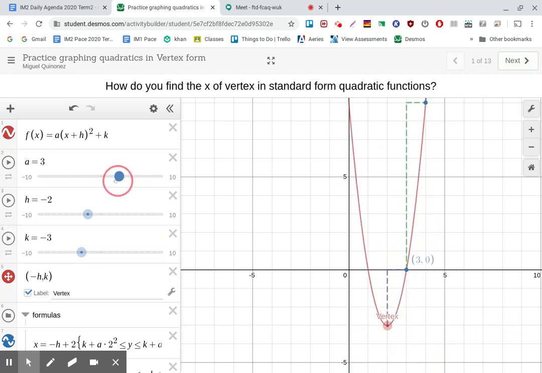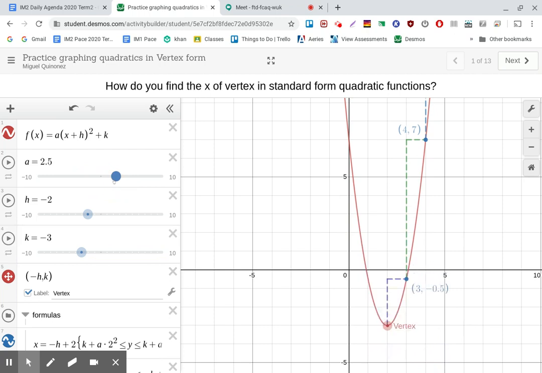It says, how do you find the x of the vertex in standard form quadratic functions? Oh, so I made a mistake on that. It should be, how do you find the vertex in vertex form? By the way, this is called vertex form, the way it looks here. So that's a typo. I got to fix that. So how do you find, in this kind right here, the x of the vertex, right?